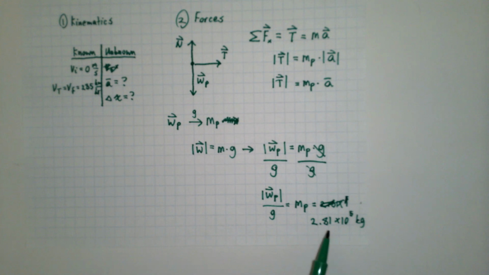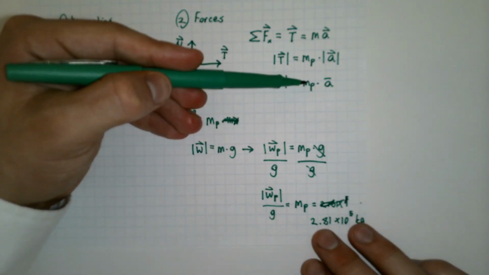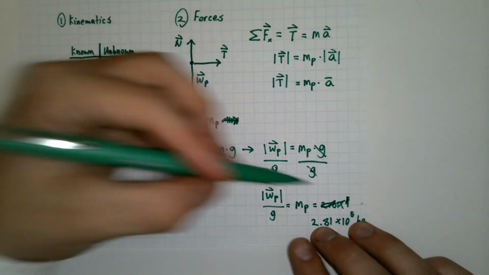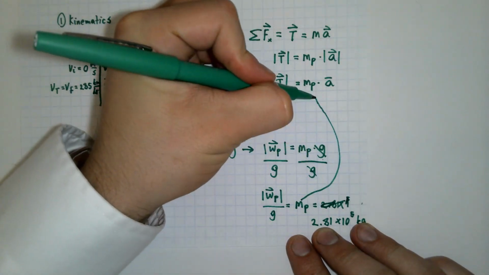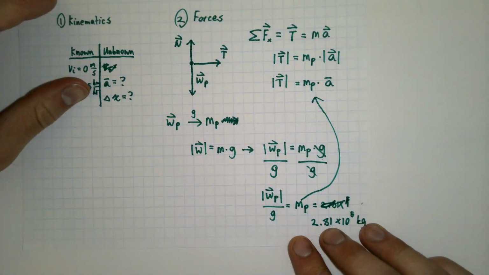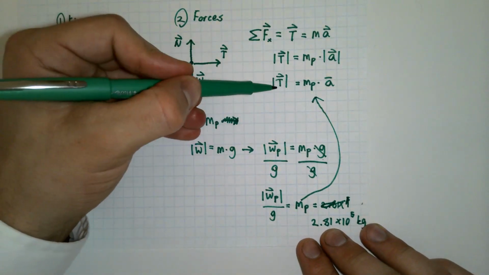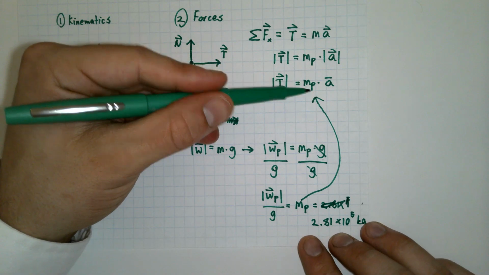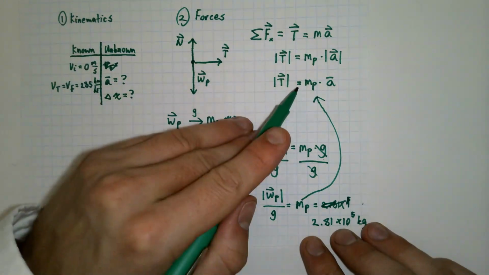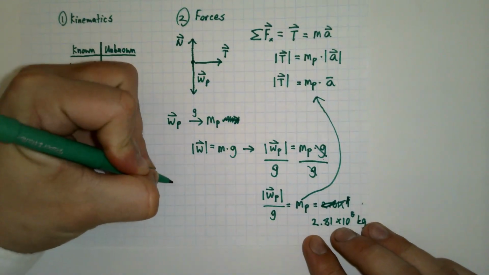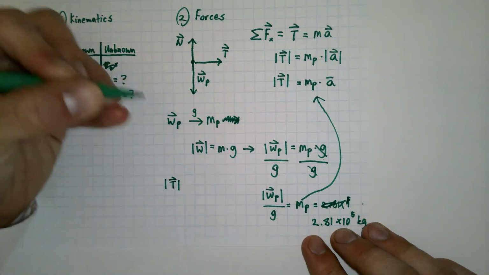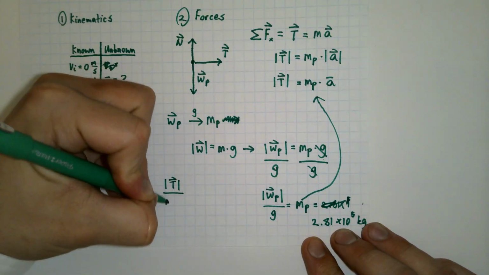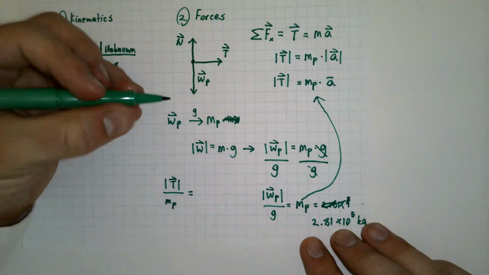Now that we know the mass, we can take that quantity and put it back up here. This quantity is going to go all the way up and relate back to our equation here. Because now that we've found the mass and we have the force that's acting on that mass, that corresponds to some acceleration. I'm going to rewrite this equation as the force of thrust, which is causing this acceleration, divided by the mass of the plane that we just found.